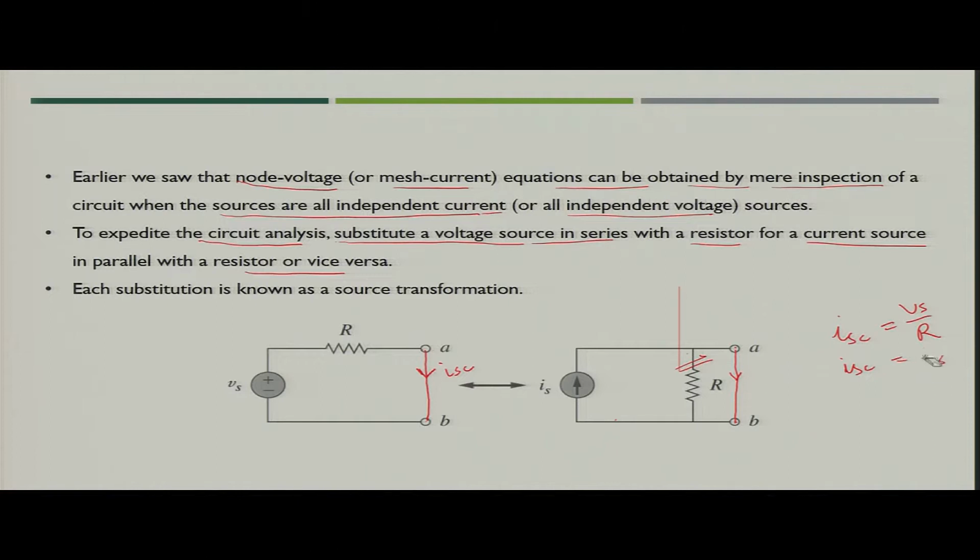Here we represent the same circuit with Is given in small form. Now, as we discussed, when we create the equivalent circuit, its properties should remain the same. That means the short circuit current should be the same in both cases. So what we get from here is nothing but Vs by R equal to Is.